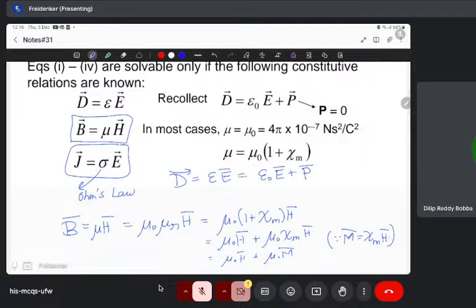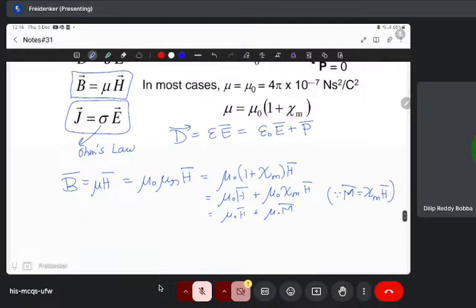You can just see that this is the permeability of the medium. This is the permeability of free space. This is relative permeability. This is susceptibility. B is actually magnetic flux density. H is actually magnetic field intensity.